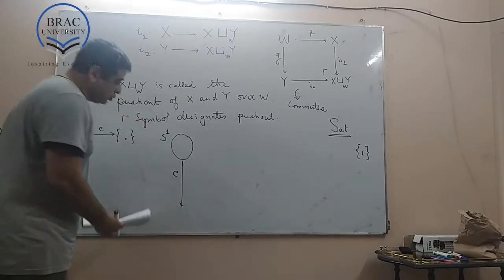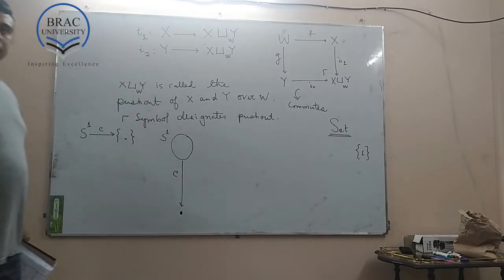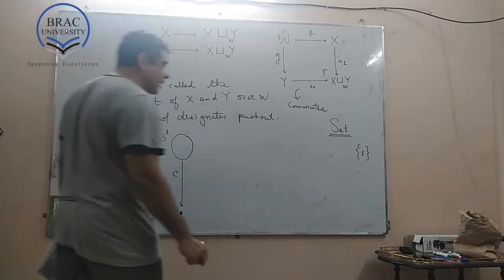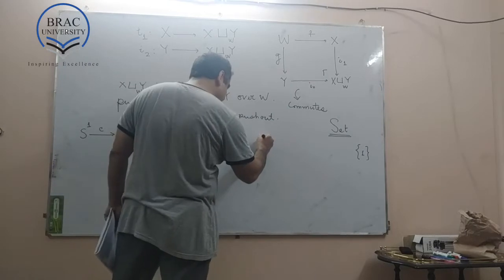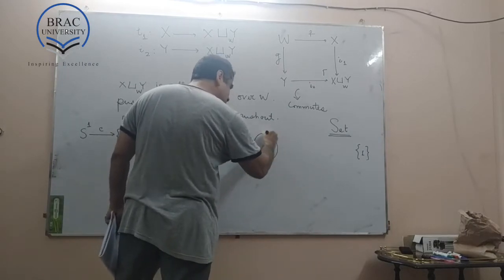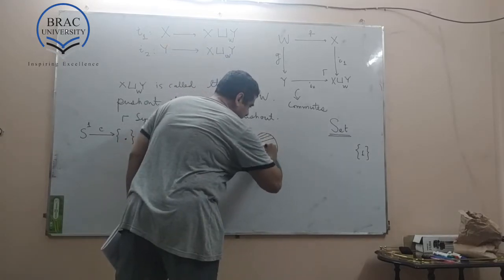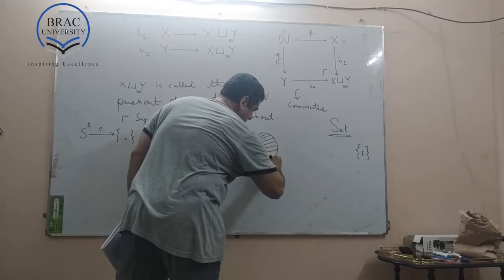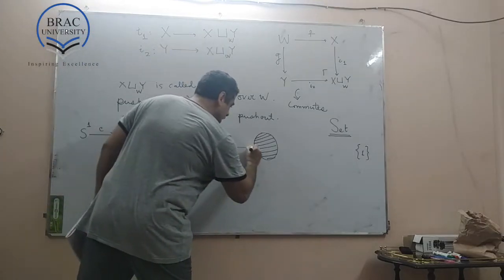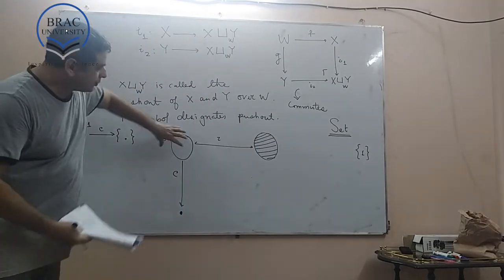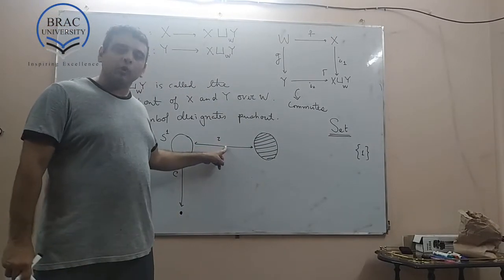S1 is taken to a single point, in the category of topological spaces. Now, I draw a 2-disk here. And I have the inclusion of this circle as the boundary of the 2-disk here. This is also a continuous function. One can check.